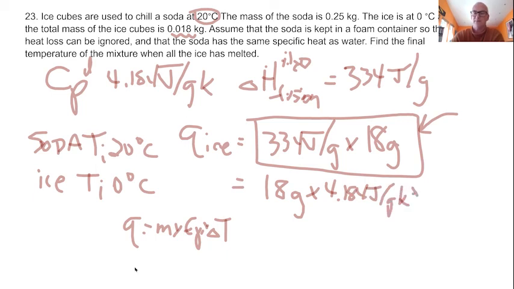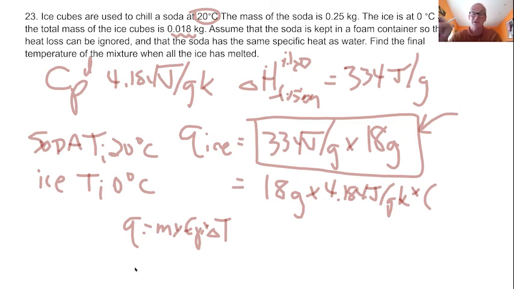Now this is the tricky part. What is delta T? Is it 20 degrees? But that's the thing. The ice water doesn't get to 20 degrees because it's going to be cold. We don't know what temperature it gets to.